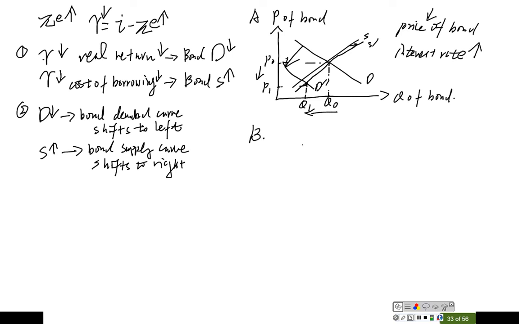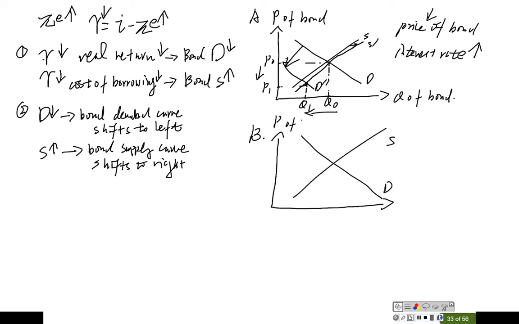But what if the bond supply curve shifts more than the bond demand curve? We also need to use a graph to analyze. Let's assume again this is the initial equilibrium point.